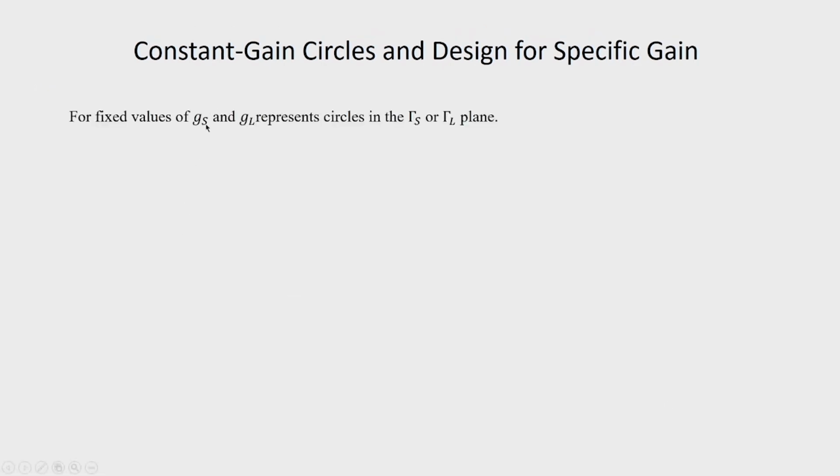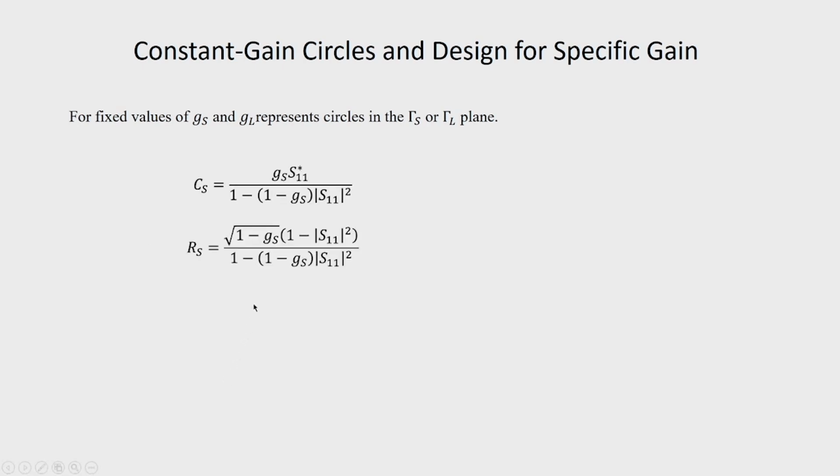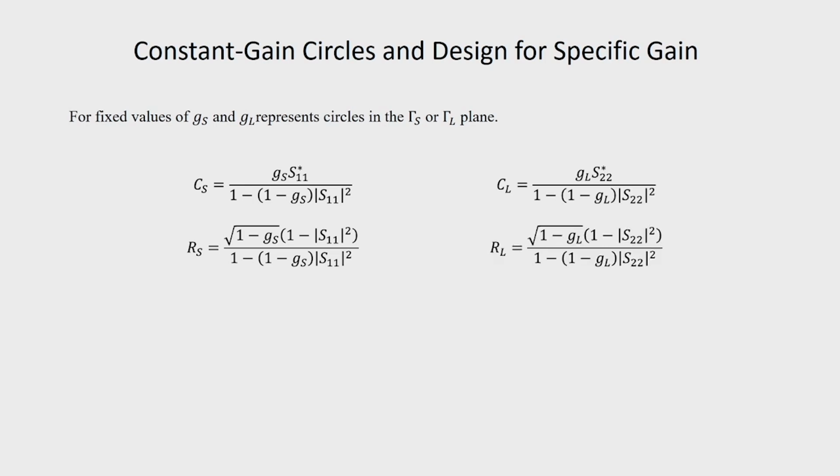Now, if we fix values of Gs and GL, they represent circles in the gamma S or gamma L plane, and their centers and radii are given by Cs and Rs for constant Gs, and Cl and Rl for constant Gl.